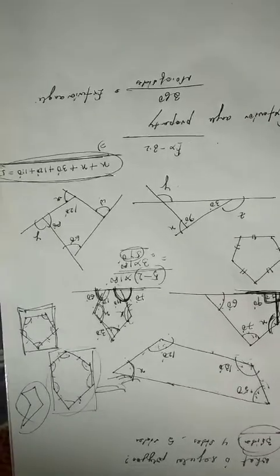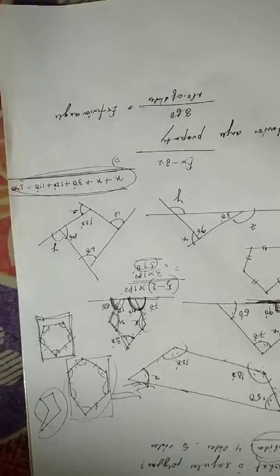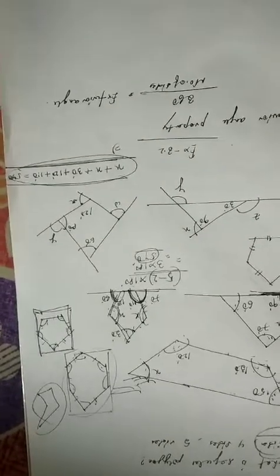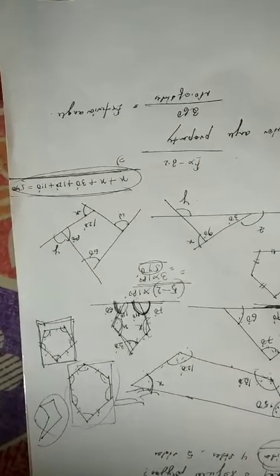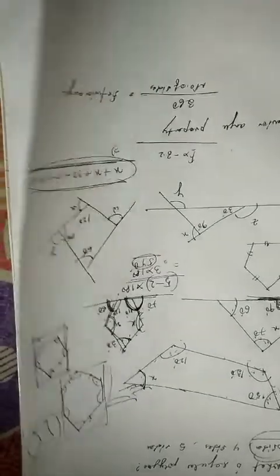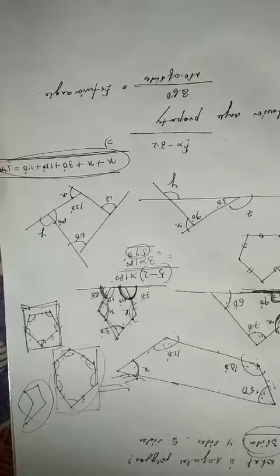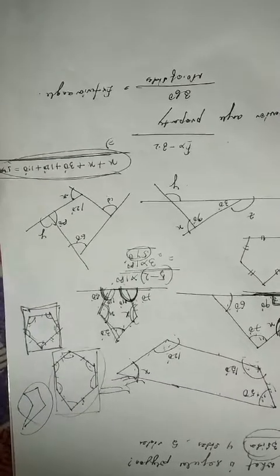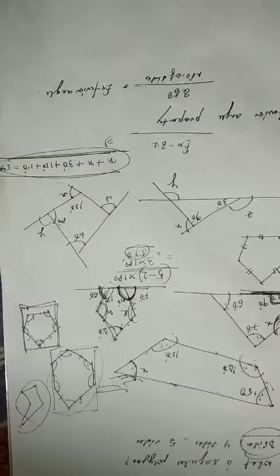When we are going to form a polygon, it tends to be a circle. We are drawing the sides, we are forming a polygon.